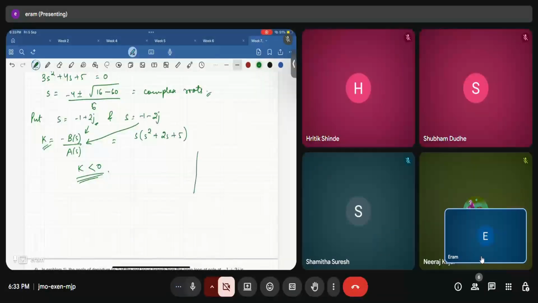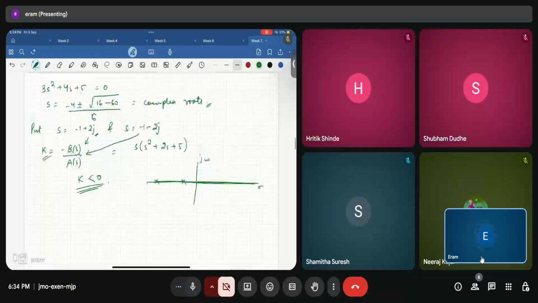Because the break-in or breakaway point occurs on the real axis, right? If we have sigma and j omega, the breakaway point, for example, will occur between the two poles, so our root locus will go out.